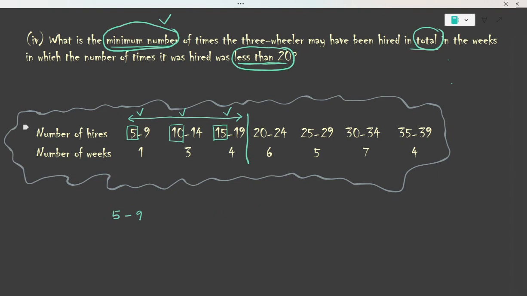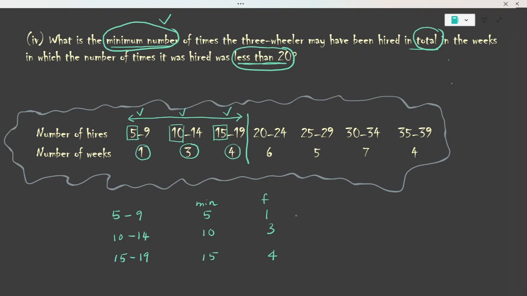The minimum number is 5, and the number of weeks, the frequency, is 1. If we consider the class 10 to 14, the minimum number is 10, and the frequency, the number of weeks, is 3. If I consider the class 15 to 19, the minimum is 15 and the frequency is 4.